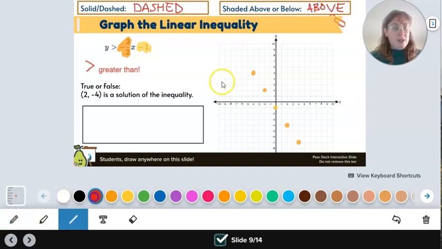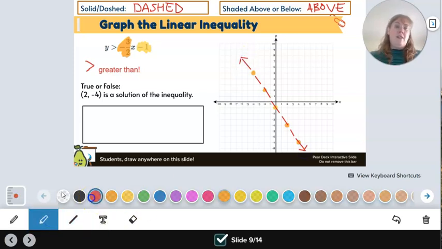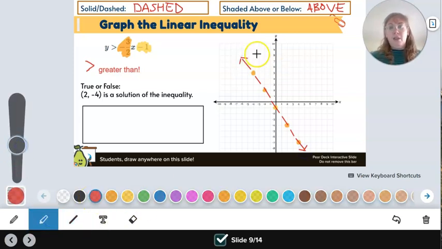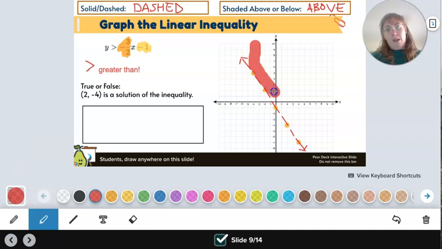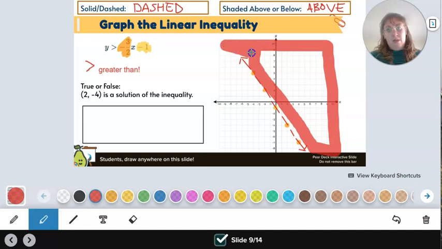So I'm going to use my line tool to make like a dashed line, just putting some space in between, like so. And then if it is greater and we're shading above, it's going to be above the line, like so.